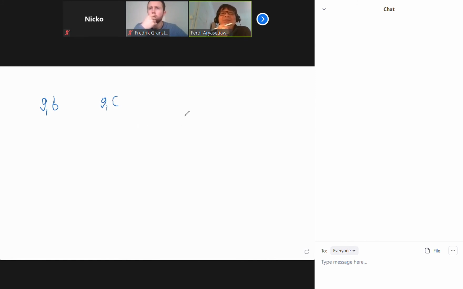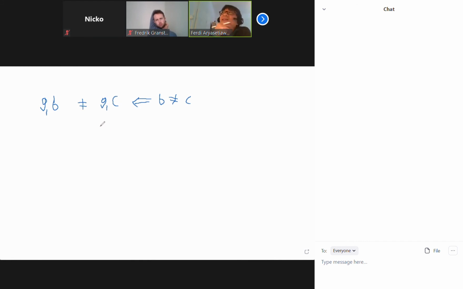So if B is not equal to C, then G1B cannot be equal to G1C. So the idea is to exhaust the elements in the group.